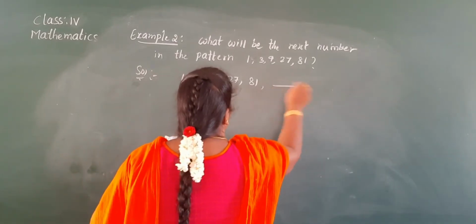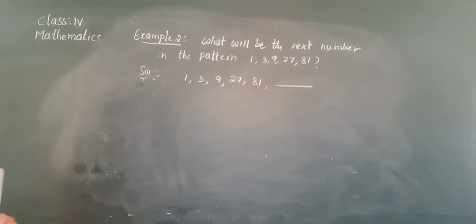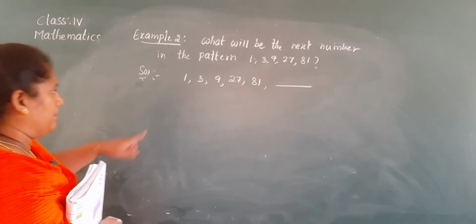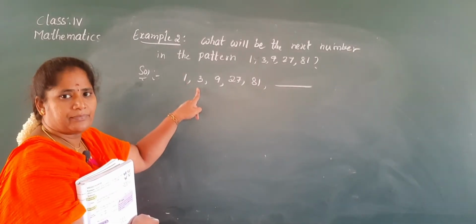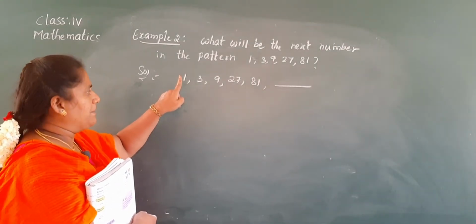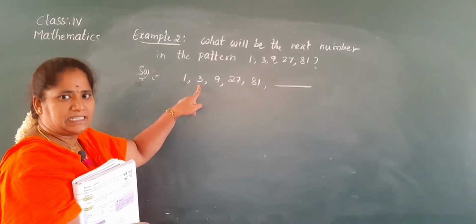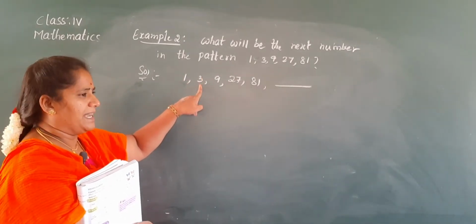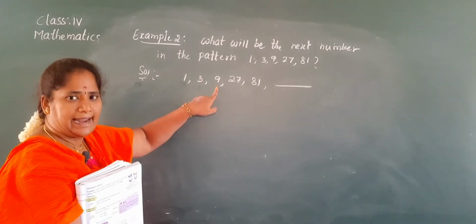Now we have to find the next number. How do you get the next number? First you observe the first two numbers, 1, 3. See, here if you multiply this 1 by 3, we get the next number. 1 3 is a 3. Then again you multiply 3 by 3, we get 9.